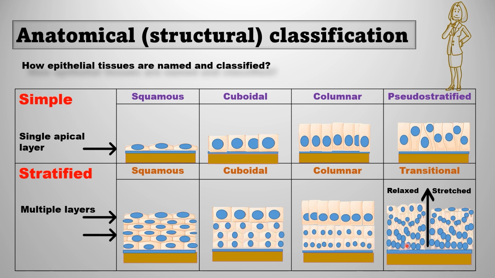Now here, if you remember, we said that we have a cell called the transitional epithelial cell. We name it transitional because it changes its shape depending on the physiological status of the organ. What do we mean by the physiological status?